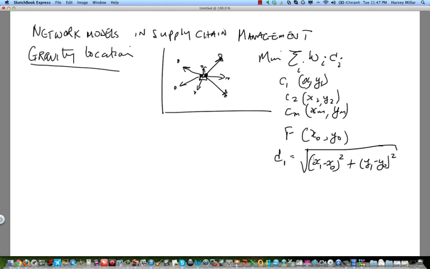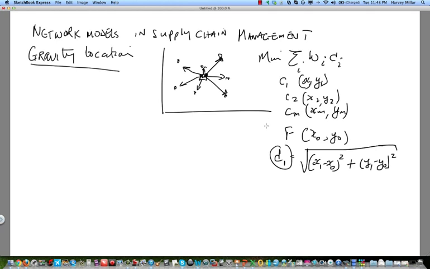Essentially what we're doing is finding the distance along the hypotenuse. If you were to draw a right angle triangle, then you're trying to find the distance of the hypotenuse. Depending on where we locate the facility, those distances actually change.